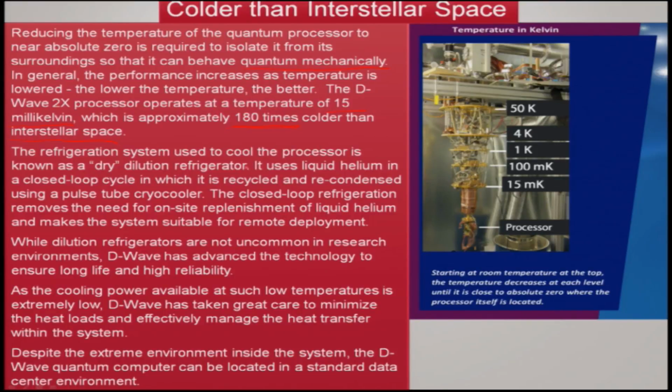The refrigeration system used to cool the processor is known as a dry dilution refrigerator. It uses liquid helium in a closed loop cycle in which it is recycled and recondensed using a pulse tube cryocooler. The closed loop refrigeration removes the need for on-site replenishment of liquid helium and makes the system suitable for remote deployment.